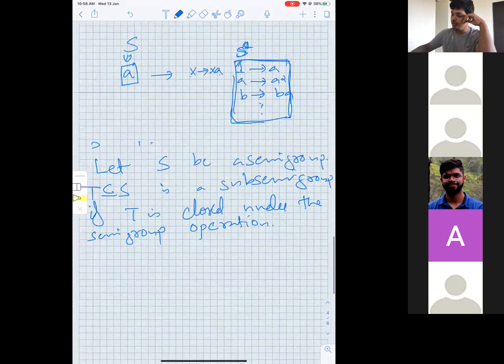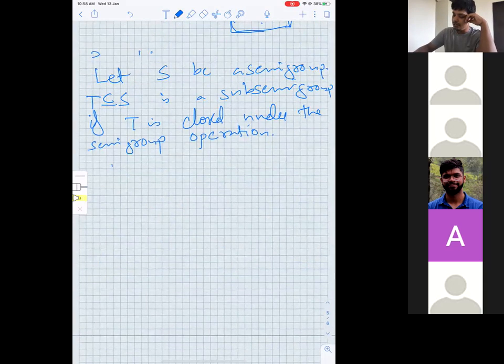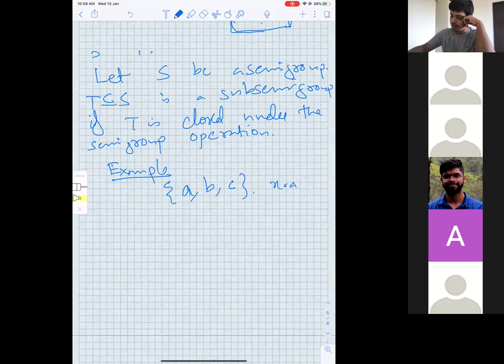Okay. For instance, if I have some examples, so let's take the right zero semigroup, let's say A, B, C. Okay, and x dot y is equal to y. This is the defining equation for this one. I multiply anything by y, I get y back. So AB will be B, AC will be C, and so on. Okay, right zero semigroup.